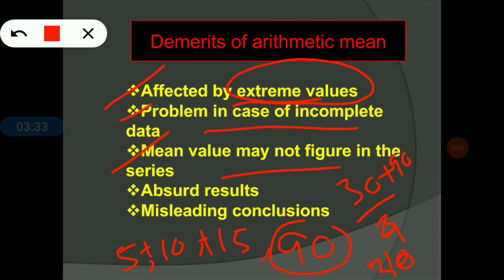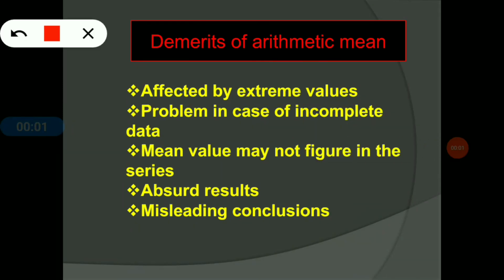We have already said that arithmetic mean cannot be calculated in case of incomplete data, so that's why it gives absurd or illogical results. Now going to the fifth one, that is misleading conclusions.